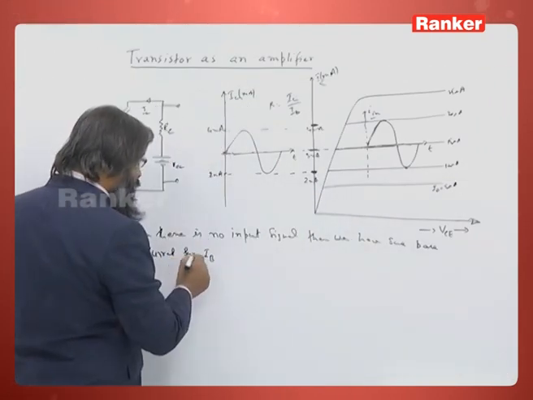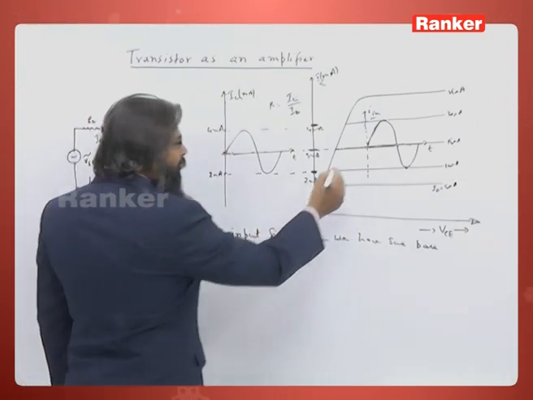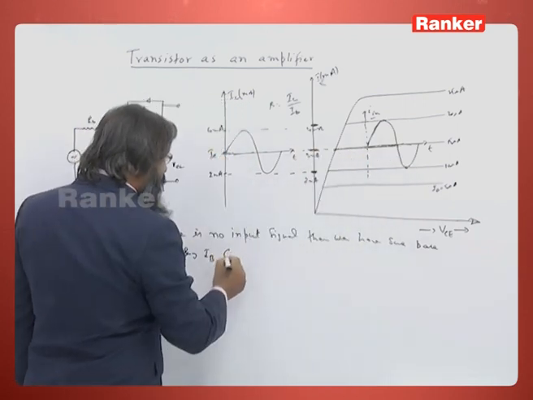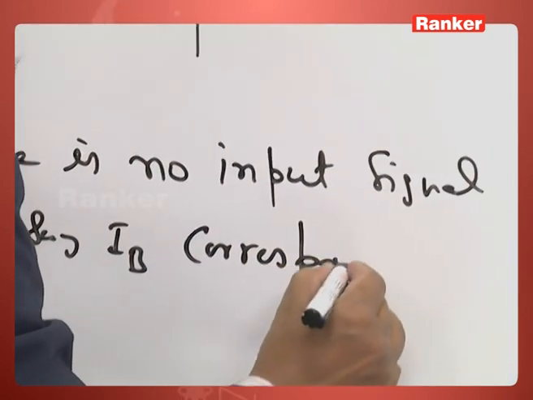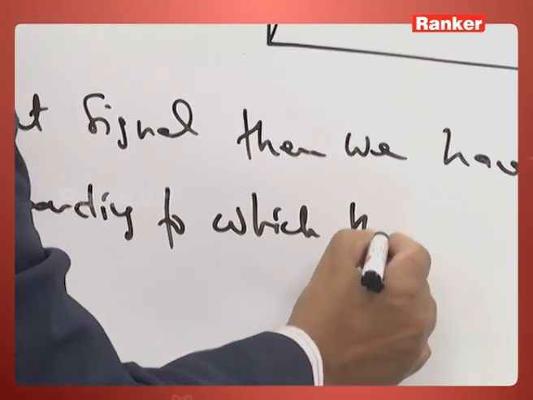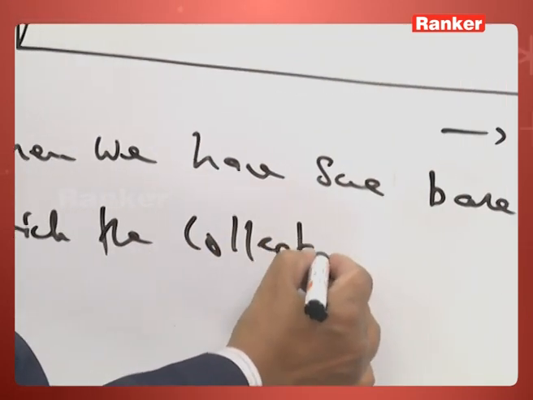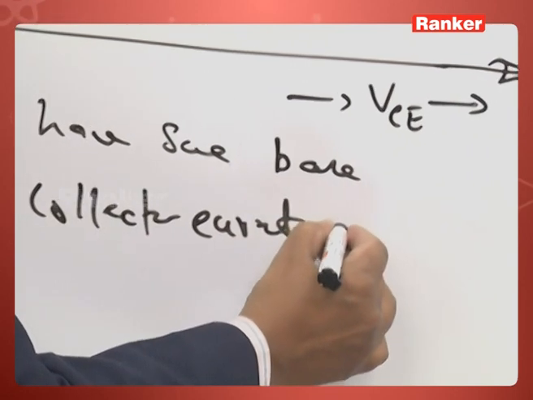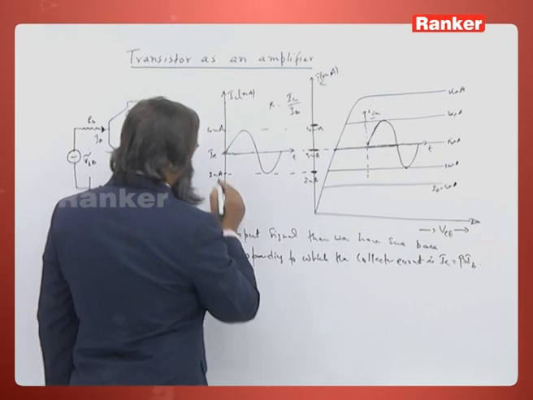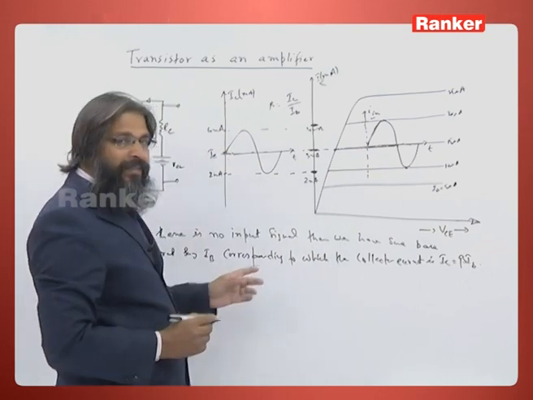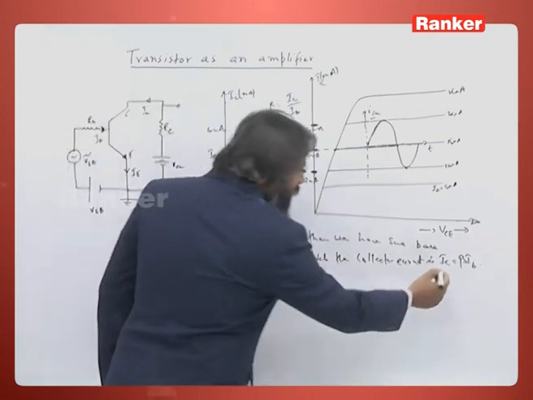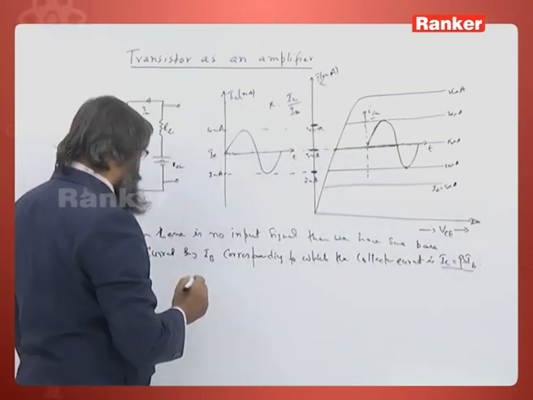Corresponding to this IB, the collector current is IC, which is beta times IB, where beta is the current amplification. IC is beta IB.